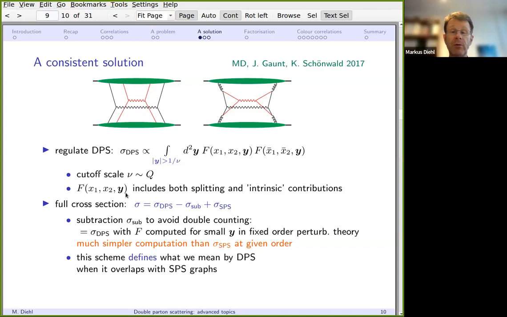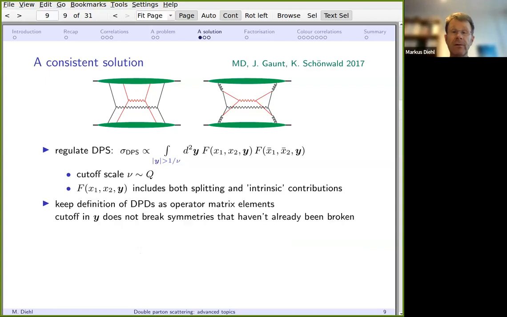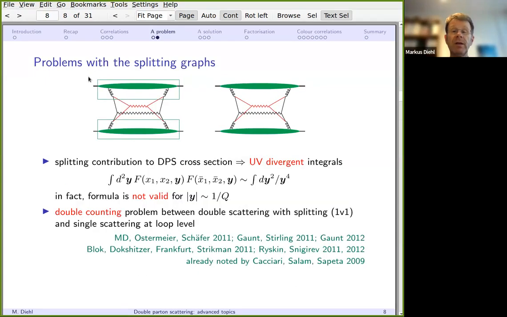And from a physics point of view, this scheme defines what you mean by double parton scattering, how you delineate it from single parton scattering, because the discussion I've given here really tells you, in an absolute sense, you cannot say whether in a given kinematic configuration you have single or double parton scattering. It's a matter of definition.